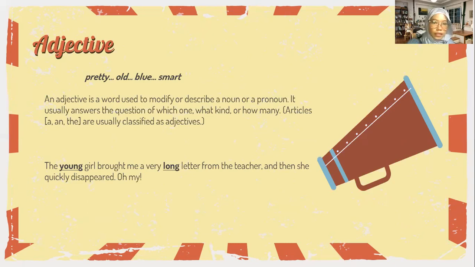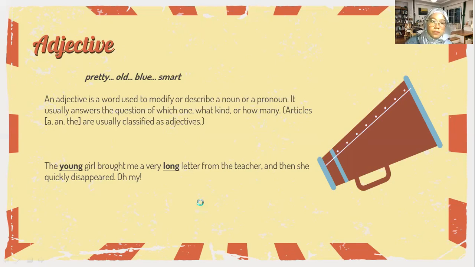Like in this sentence, the young girl. Adjective is young, but the young girl is one phrase, so the article is part of the adjective. And then in this, a very long letter.